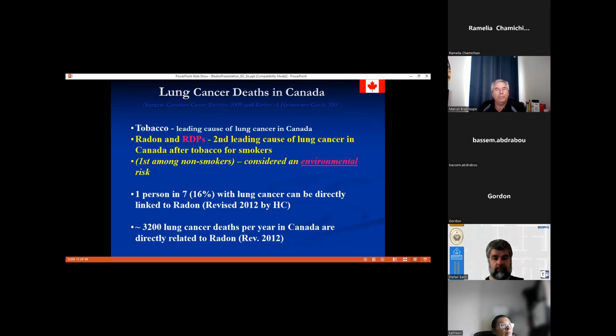So if you know somebody who has never smoked in their life and got lung cancer, there's a good chance that it came from radon. Just remember that. It's estimated that 16% of lung cancers in Canada can be related directly to radon, and that represents around 3,200 lung cancer deaths per year in Canada.